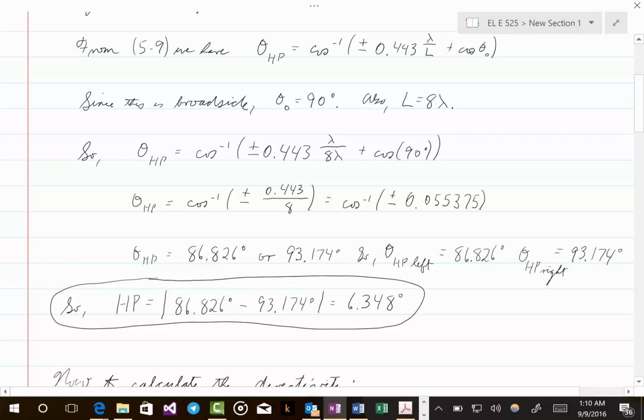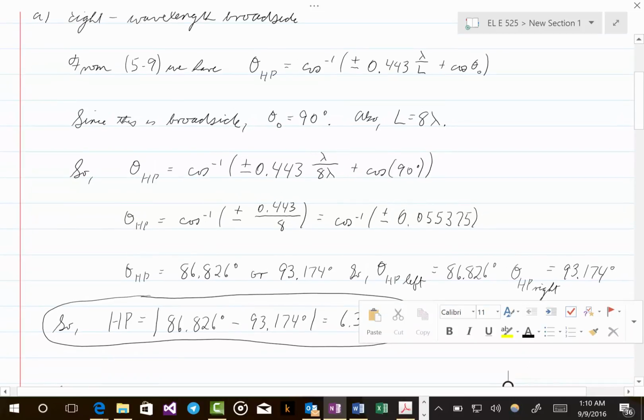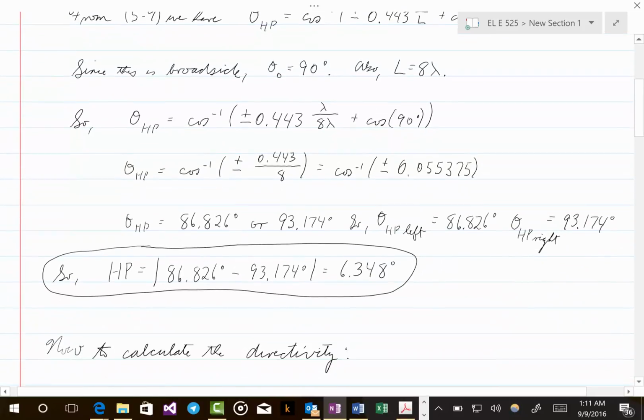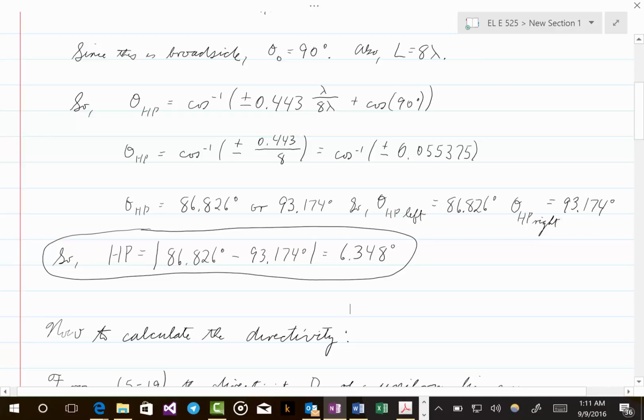And therefore, when we use the formula that we've used several times now, that the half power beam width is the absolute value of theta HP left minus theta HP right, we get this result right here.